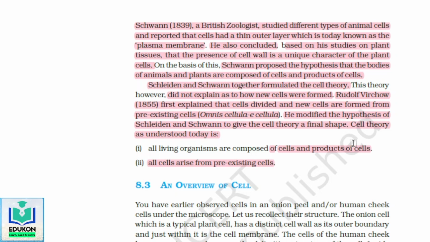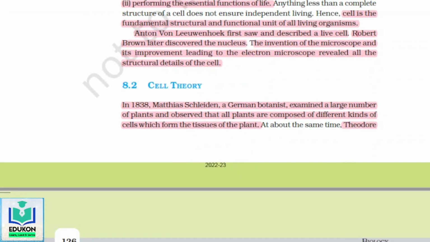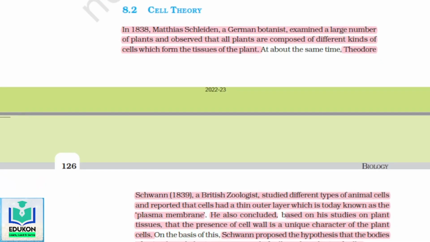So what kind of questions will be expected from these three paragraphs? Now see, Matthias Schleiden. There was a question in NEET, a direct question: who proposed a hypothesis that the bodies of animals and plants are composed of cells and products of cells?